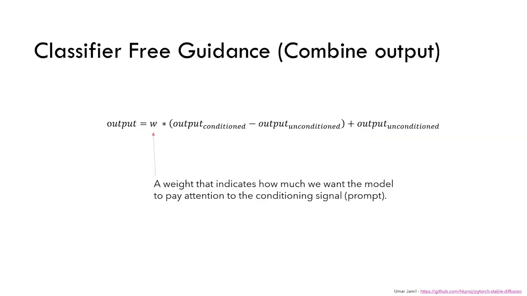And then we combine the two outputs, conditioned and unconditioned, linearly with a weight that indicates how much we want the output to be closer to our condition, to our prompt. The higher this value, the more the output will resemble our prompt. The lower this value, the less it will resemble our prompt. And this is the idea behind classifier-free guidance.